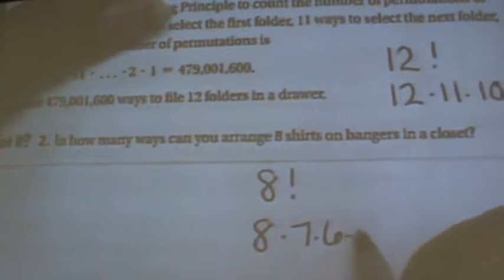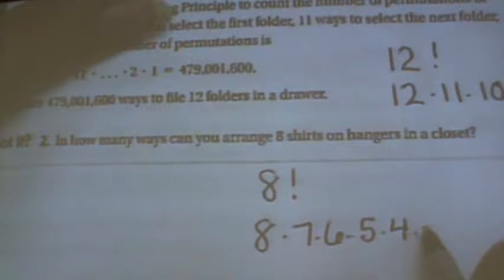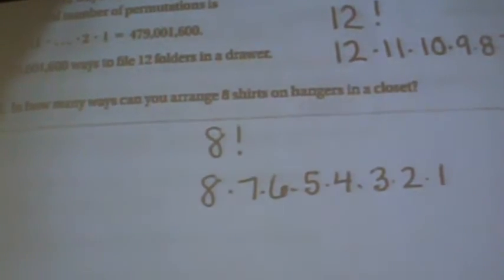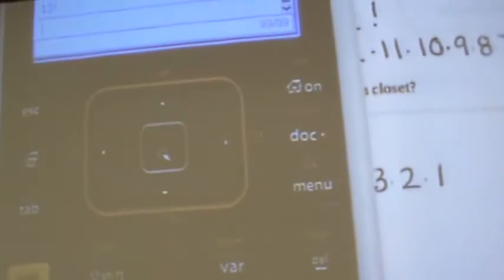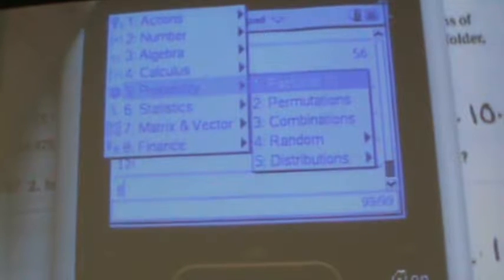So this is 8 times 7 times 6 times 5 times 4 times 3 times 2 times 1. So that's 8 factorial. Instead of doing that on a calculator, you're going to type in the number 8, then hit menu, probability, factorial, and hit enter. Believe it or not, there's 40,320 different ways.